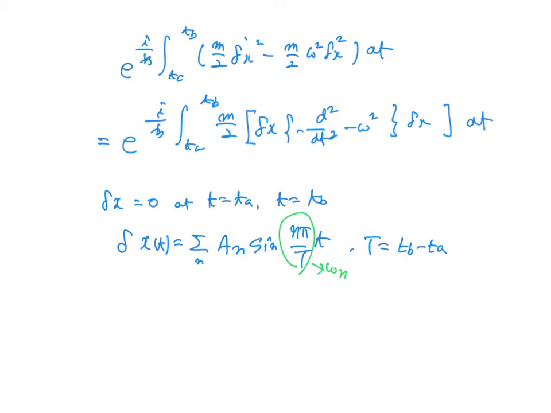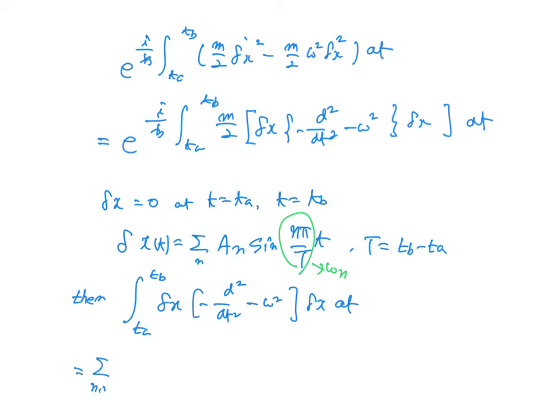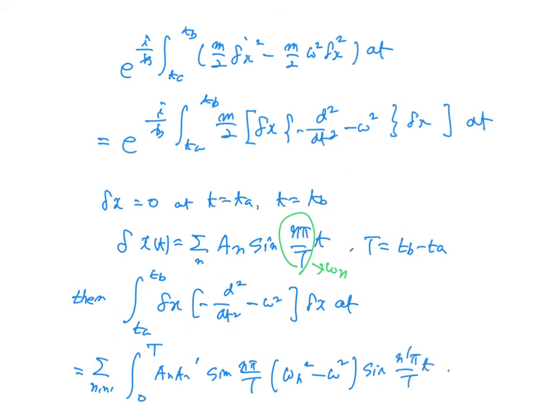Then the integral from ta to tb of delta x times minus d square over dt square minus omega square delta x dt can be put into a sum over n and n prime, integration from 0 to T of an, an prime, sine n pi t over T times omega n square minus omega square times sine n prime pi t over T dt.